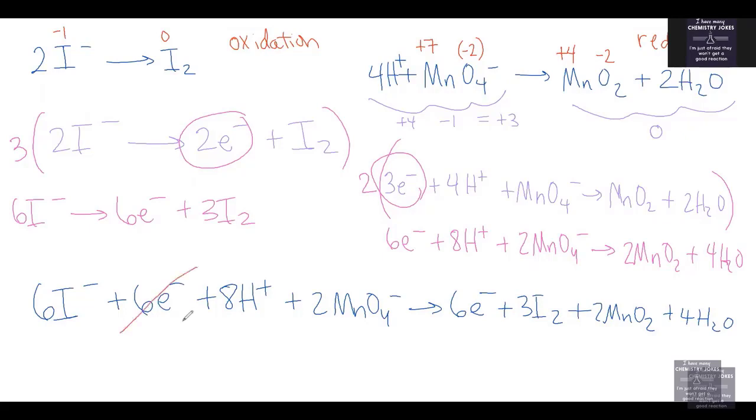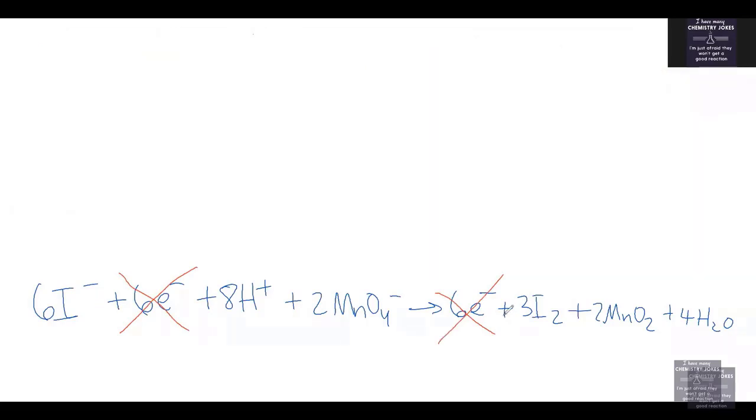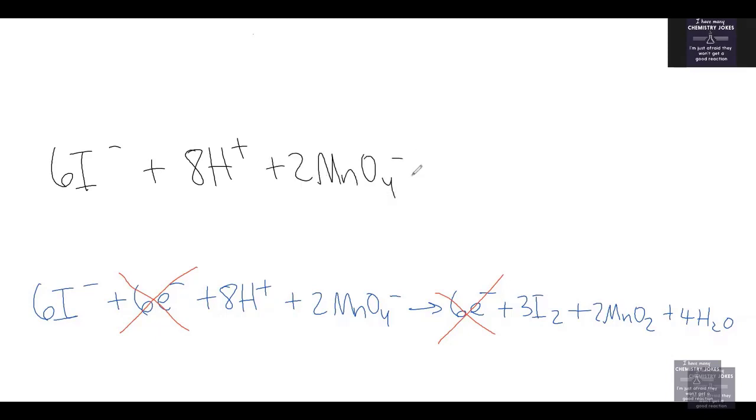We definitely need to cancel out our electrons, and if we cannot cancel our electrons, we did something wrong. Nothing else cancels here. So our final balanced equation is 6I- plus 8H+ plus 2MnO4- yields 3I2 plus 2MnO2 plus 4H2O.